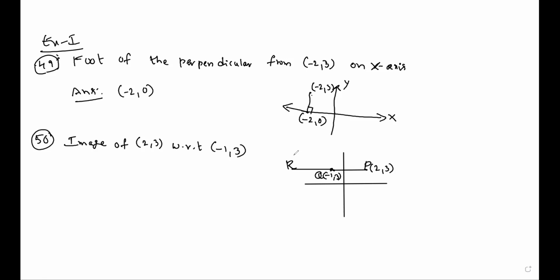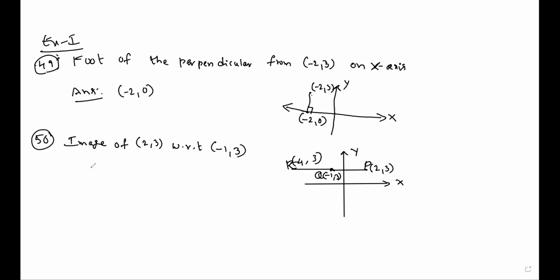That's why the image point's y coordinate is also clearly 3, because they lie on a line parallel to the x-axis. The distance from P to Q is 2 units on the positive side, and Q is at minus 1. So from Q to R the distance is 3 units, going to the negative side. Therefore the image is minus 4 comma 3. This is one shortcut method.